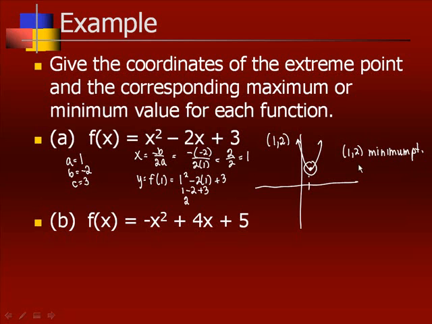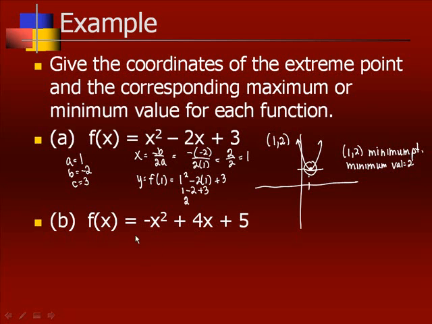Okay, that is your minimum point. Now the minimum value is 2, because that's how low your graph actually comes. Okay, so your values are just the y values. Your point is the entire ordered pair.